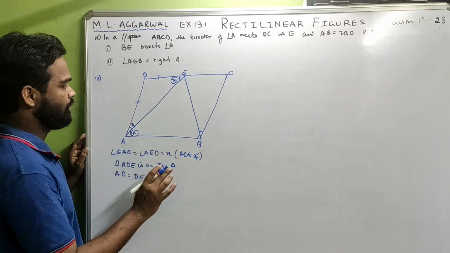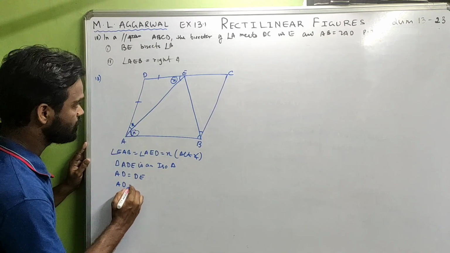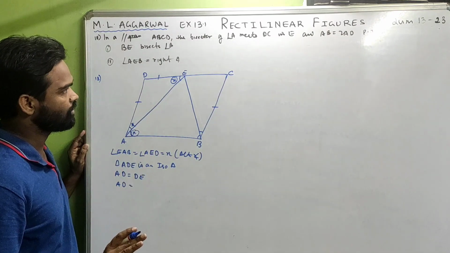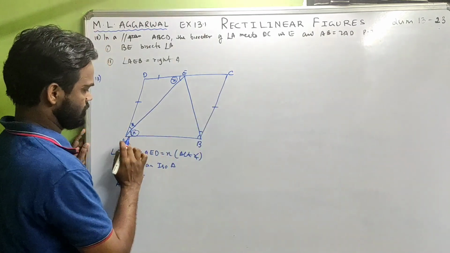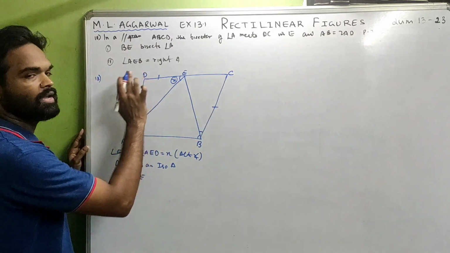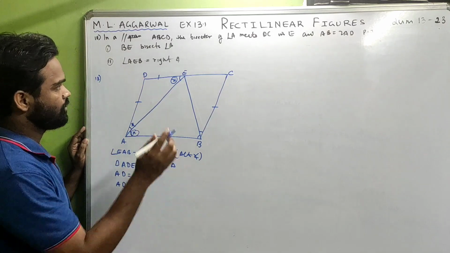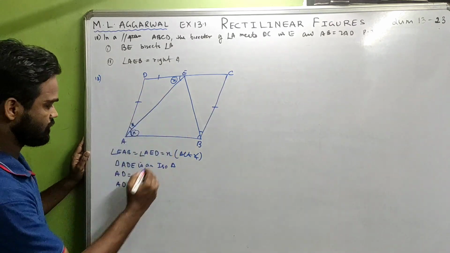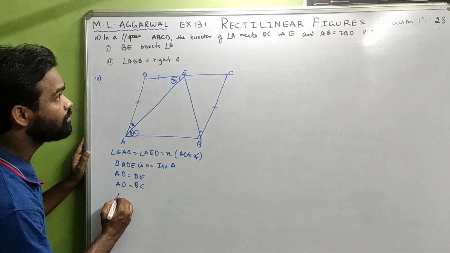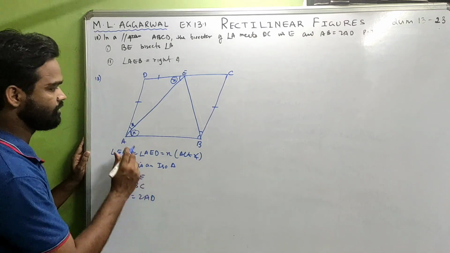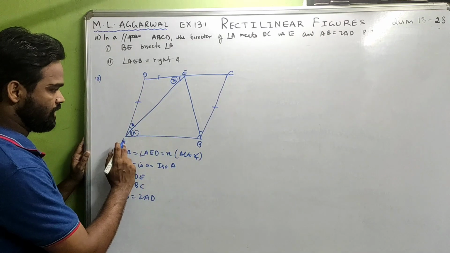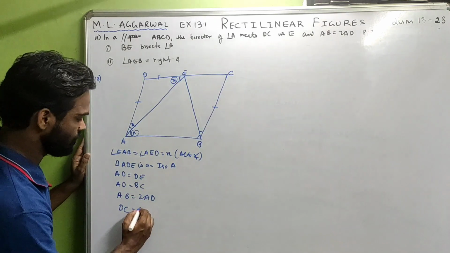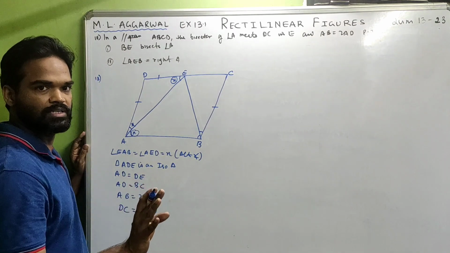Now AD is equal to BC, opposite sides of a parallelogram. One thing they have given, AB is twice AD, and AB is equal to DC. So DC will be twice AD.